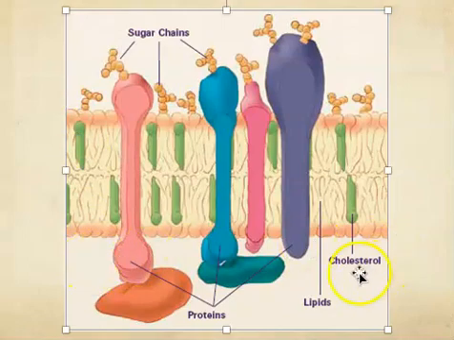You can tell that the population of proteins is a little more varied on the inside monolayer. Some of these peripheral proteins, this one here, they're only present on the inside, not on the outside. And that's probably because these proteins are involved in some sort of internal processes in the cell.